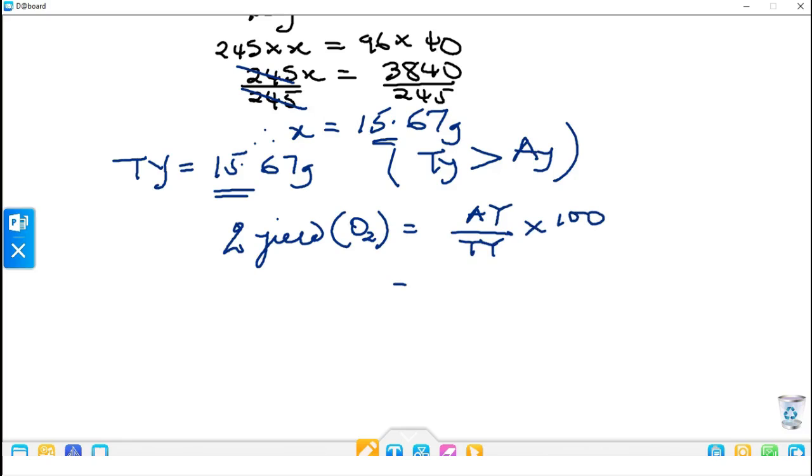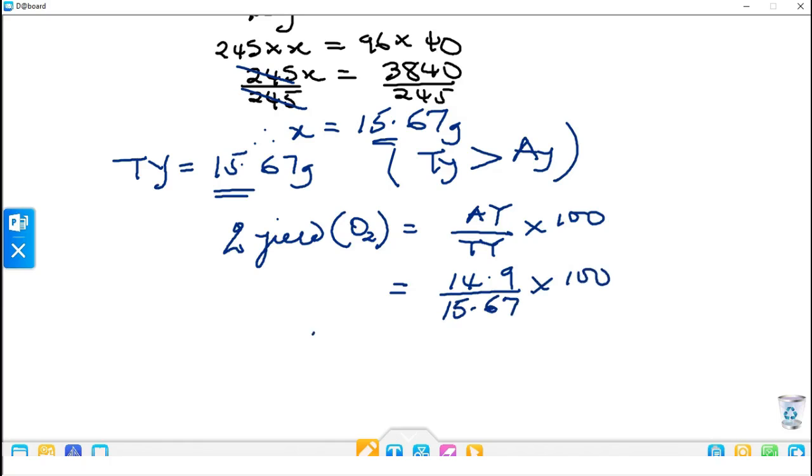So what is our Ay? The Ay is 14.9. And our Ty is just what we've calculated, 15.67, times 100.